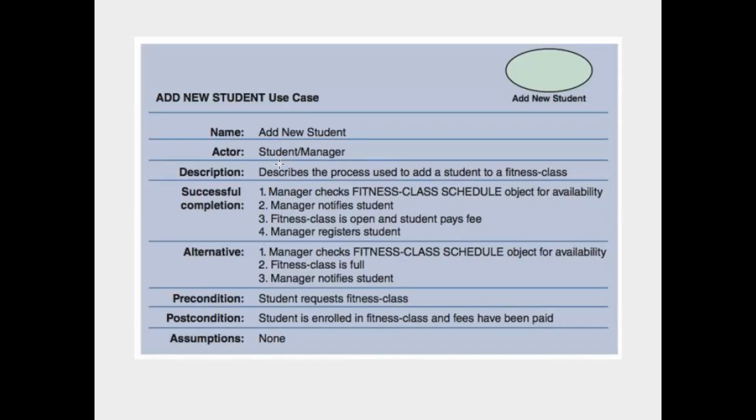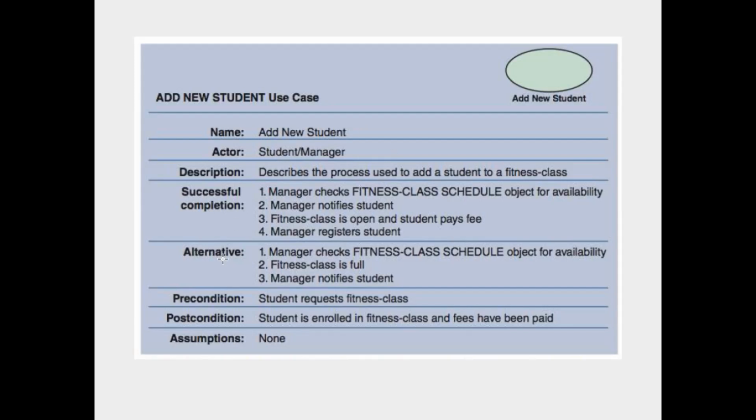So the actor could be a student or manager. And in the description, we can say what this use case is. We can say this describes the process used to add a student into a fitness class, right? And this could be a success. If it is a success, then what happens? So that we will list.